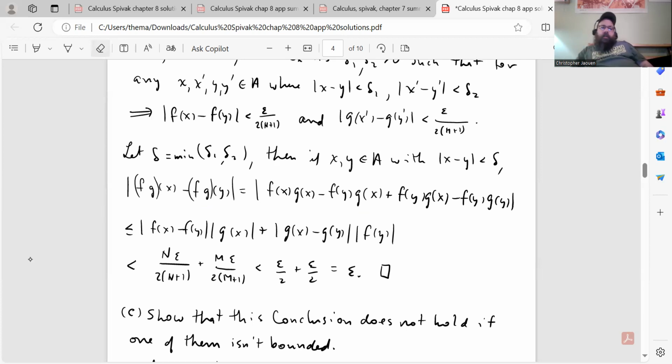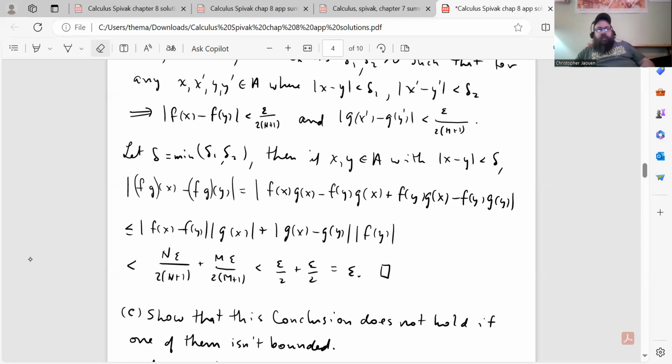All right, and by the triangle inequality, that's less than or equal to absolute value f of x minus f of y times absolute value g of x plus absolute value g of x minus g of y times absolute value of f of y. And then we know that g and f are bounded, so all these things are less than what I have written here.